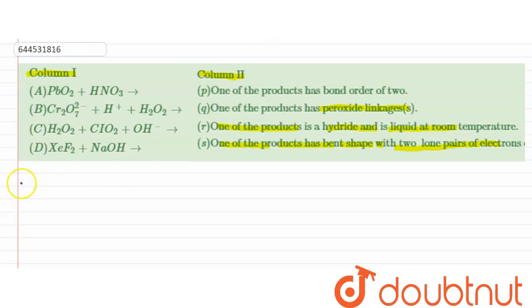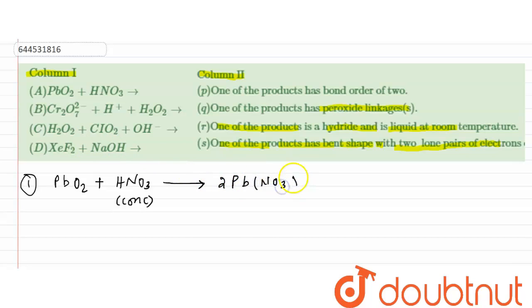In the first reaction you can see it is given that PbO2 reacts with HNO3. What is the reaction? 2PbO2 and 4HNO3 give 2Pb(NO3)2 plus 2H2O plus O2, right?